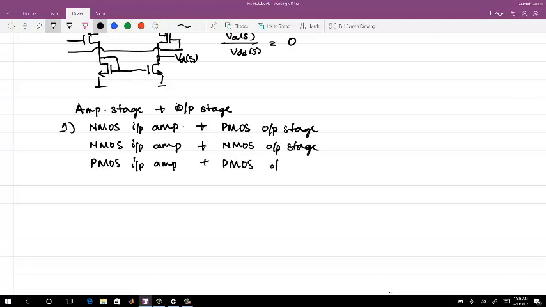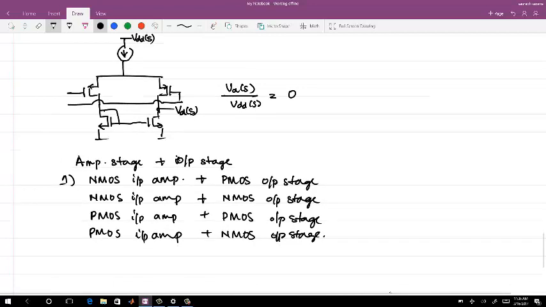So can you tell me which combinations are the better combinations in both these amplifiers, the first one and the last one?